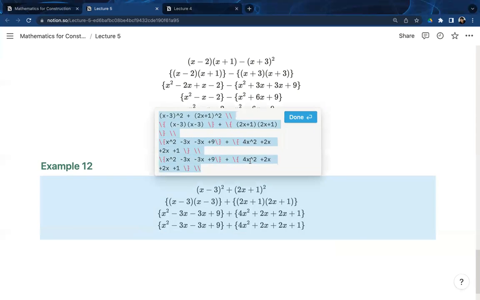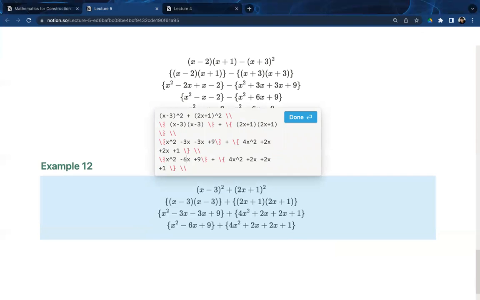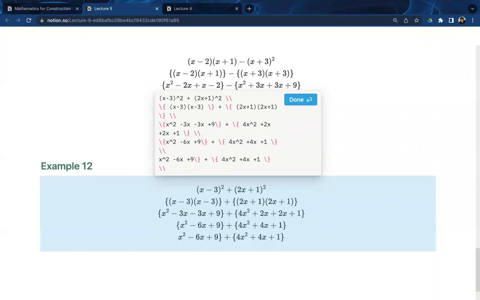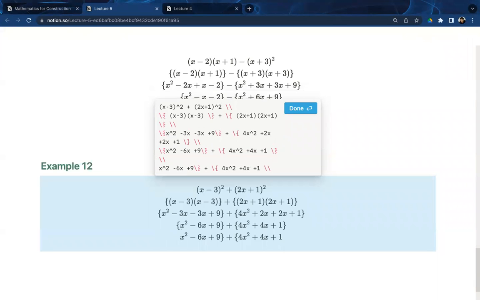So you collect like terms together now. It's -6x plus 4x. Then we remove brackets. This one, brackets removal, is a little simpler because we have a plus sign. So the signs don't change in the second brackets.